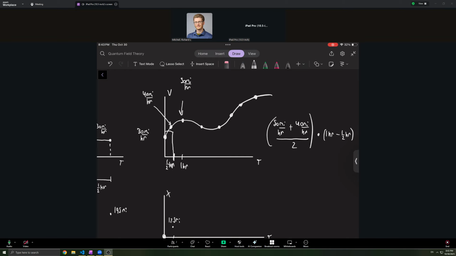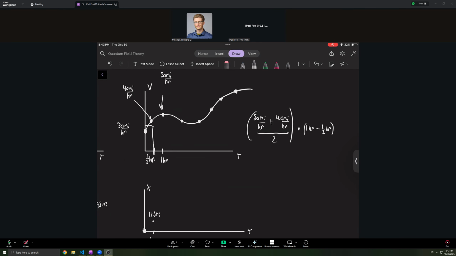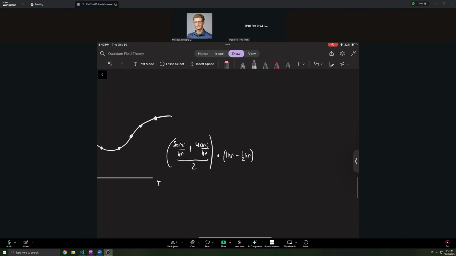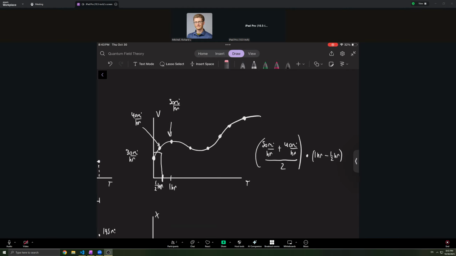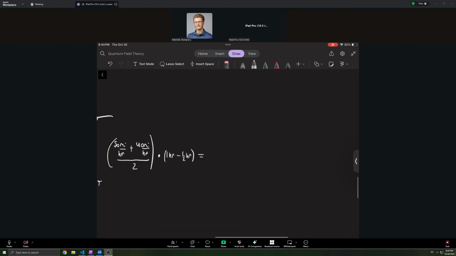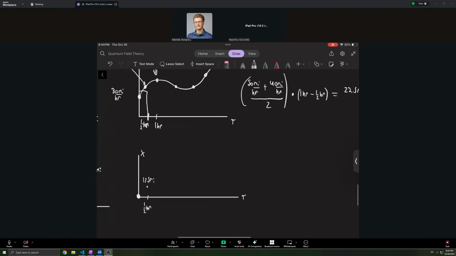What I'm concerned about is how far the car has gone in that little time span, because once I get that number, I'm going to add it on to this number down here to get how far the car went in total. So this is how far the car went in this half an hour time span, and that gives me 22.5 miles. So in this half an hour time span, the car has gone an additional 22.5 miles.